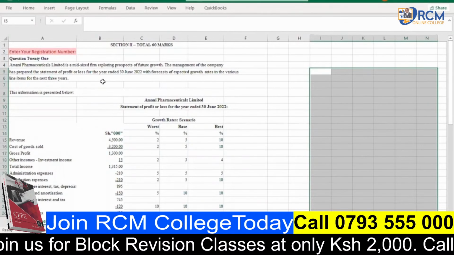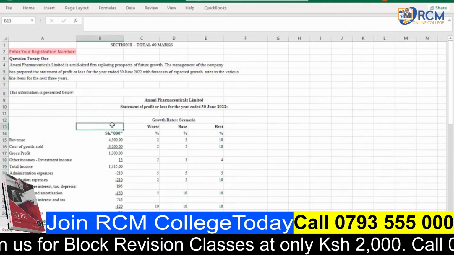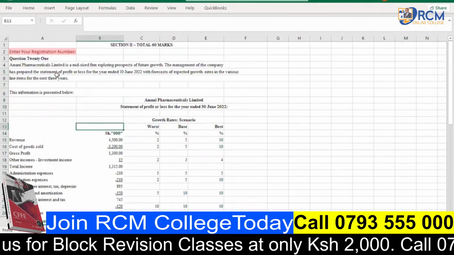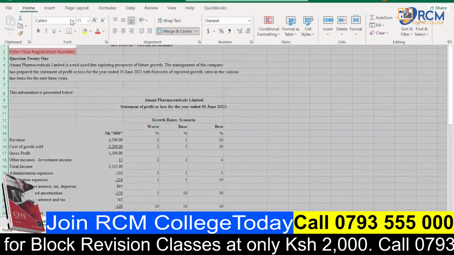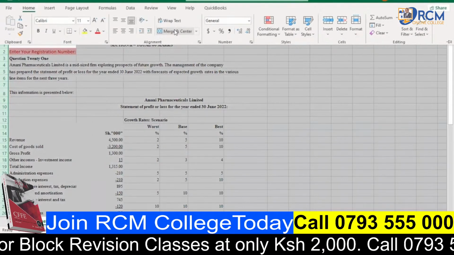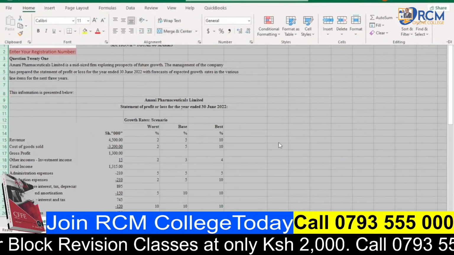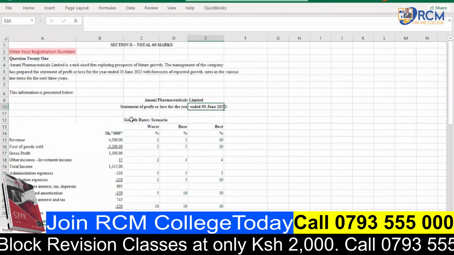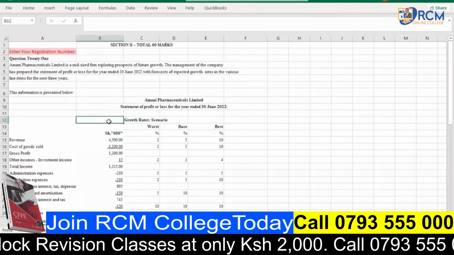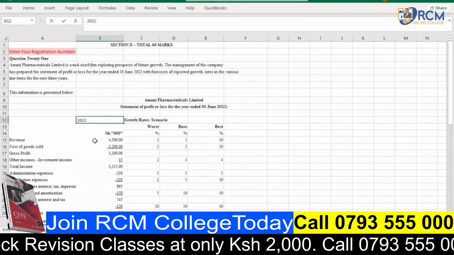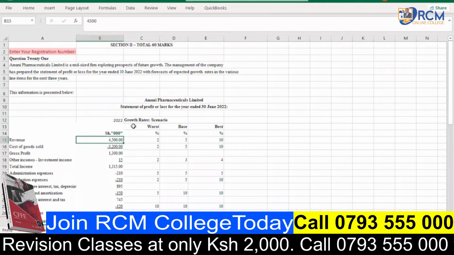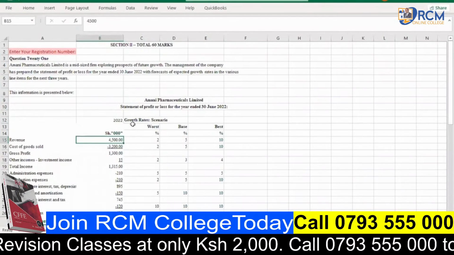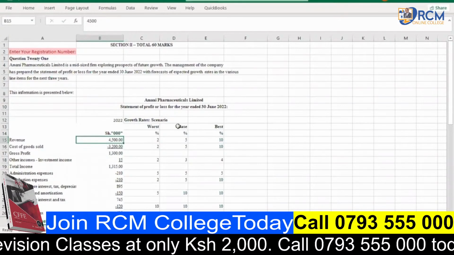So we have the values for 2022. These ones here are the values for 2022. Then from there, you are being told that we have some growth rate scenarios. And how many are they? They are 3.